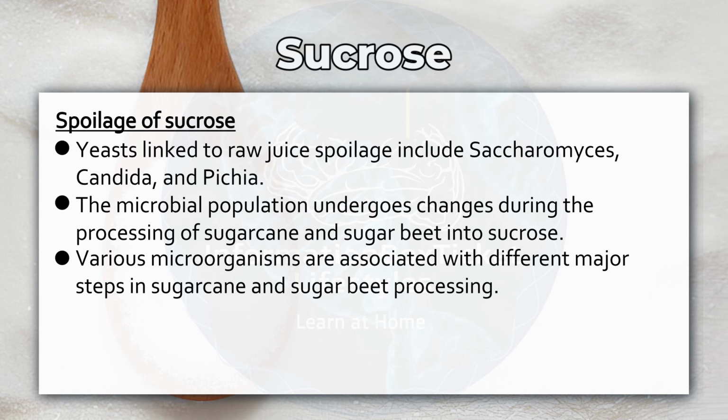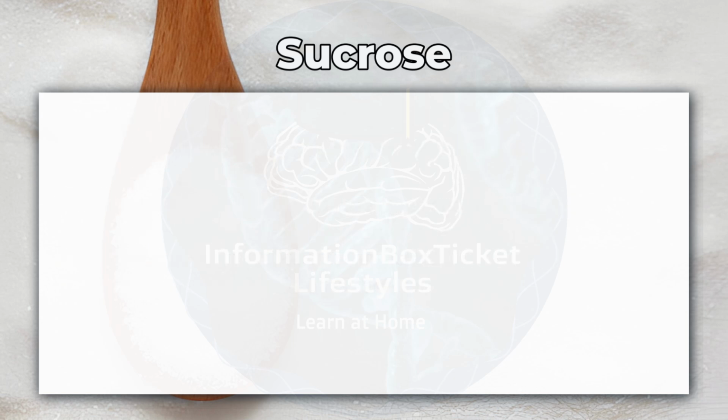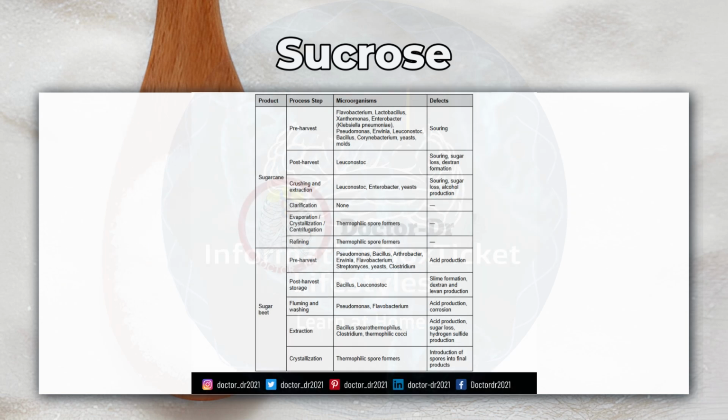Various microorganisms are associated with different major steps in sugarcane and sugar beet processing. In sugarcane, during the pre-harvest stage, microorganisms such as Flavobacterium, Lactobacillus, Xanthomonas, Enterobacter, Klebsiella pneumoniae, Pseudomonas, Erwinia, Leuconostoc, Bacillus, Corynebacterium, yeasts, and molds are present, leading to souring.